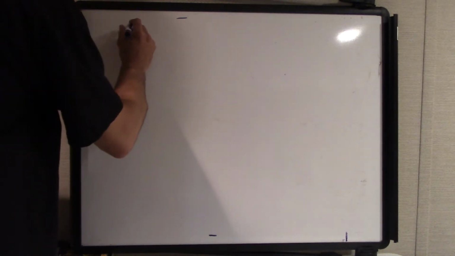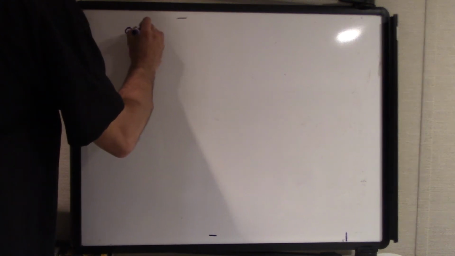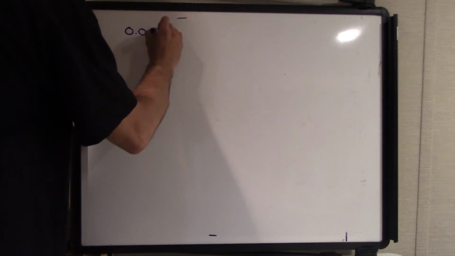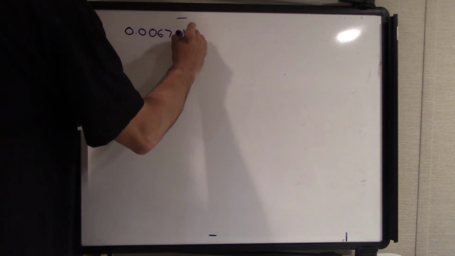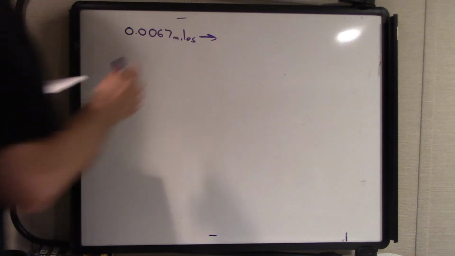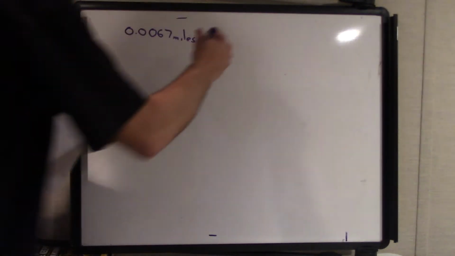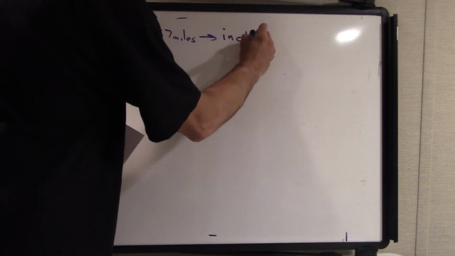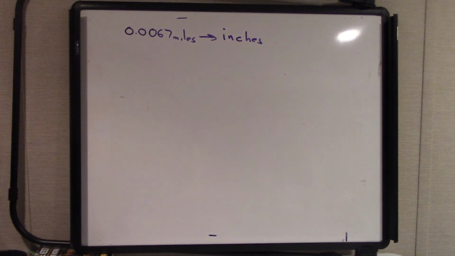So the problem was we needed to convert 0.0067 miles, and we needed to convert that to inches. So that was our ultimate goal in this. We would be provided some useful information in order to do that.